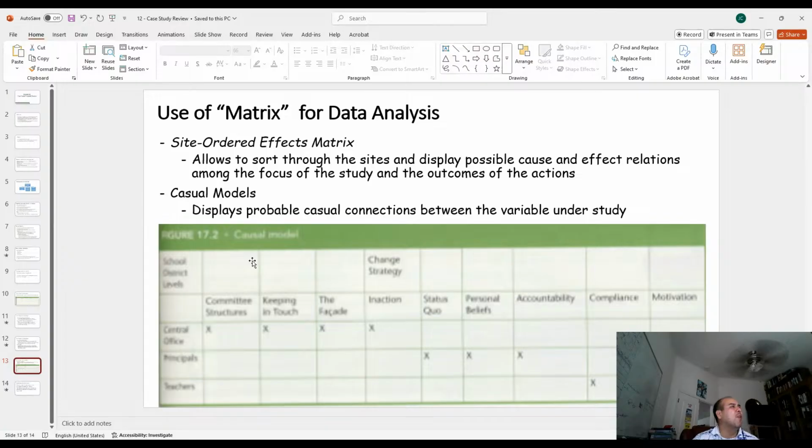This causal model here, what we have is the x-axis are all the variables, and the y-axis, which is top to down, is school district level, central office, principals, teachers, right? You've got whether there's committee structures, keeping in touch, the facade, change strategy and action, status quo, personal beliefs, accountability, compliance, motivation, right?